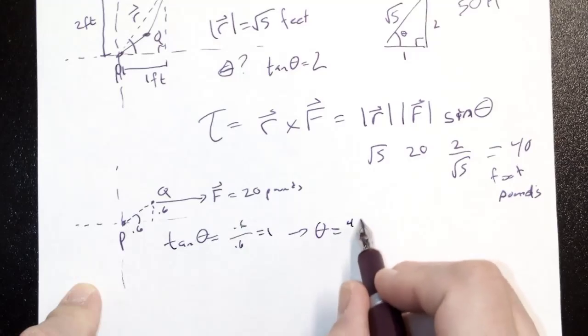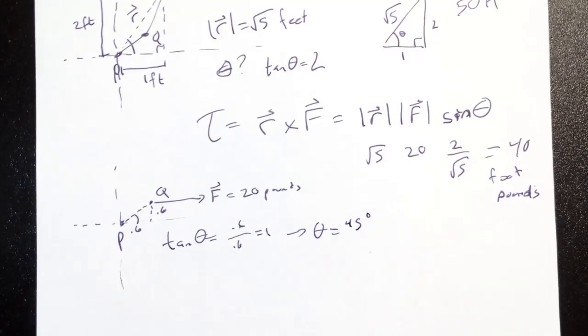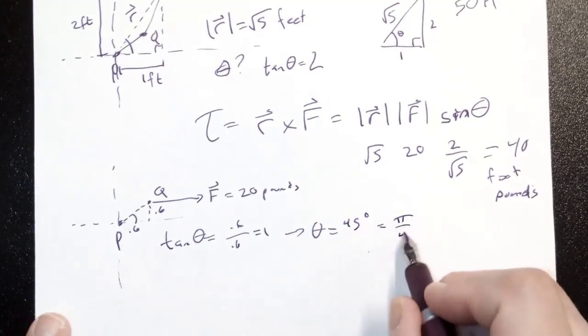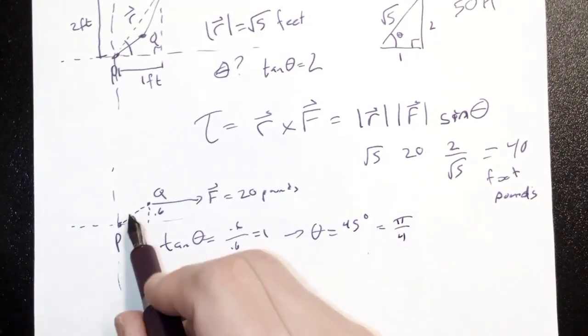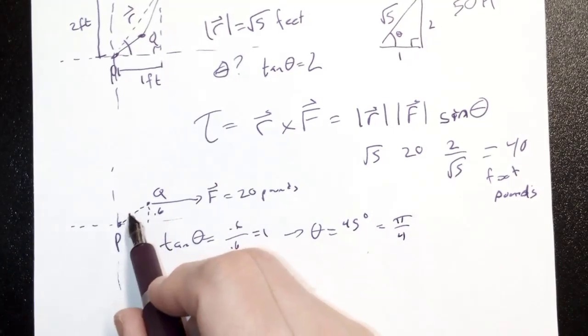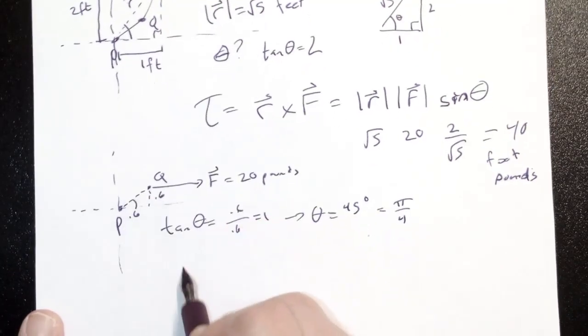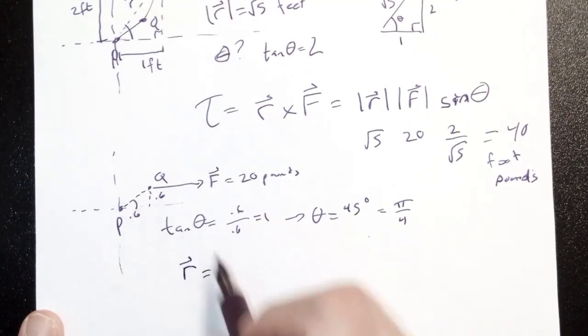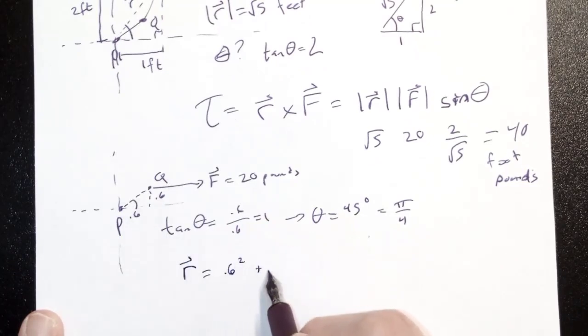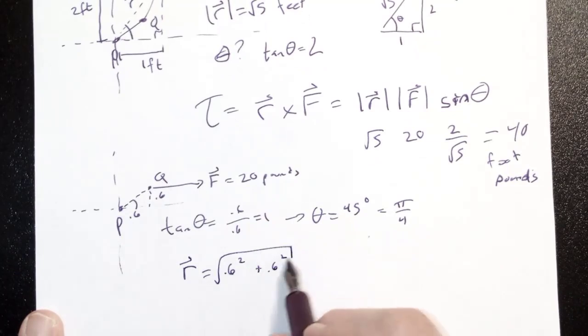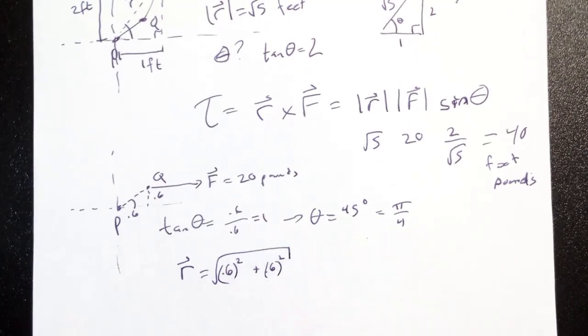So theta is 45 degrees, or pi on 4. Hey, wait a minute. I know the radius length. Same question as before. So it'll be 0.6 squared plus 0.6 squared, square rooted. But this is a 45, 45, 90 right triangle. The hypotenuse is always square root of 2 times the side length.